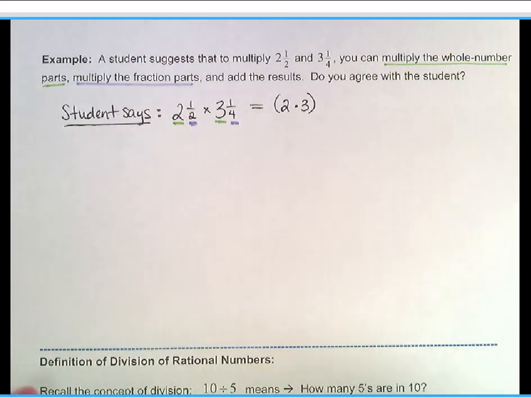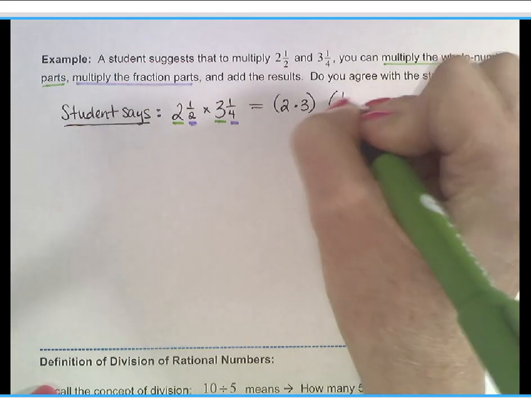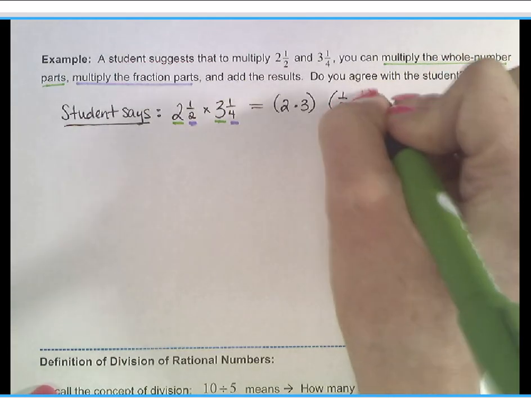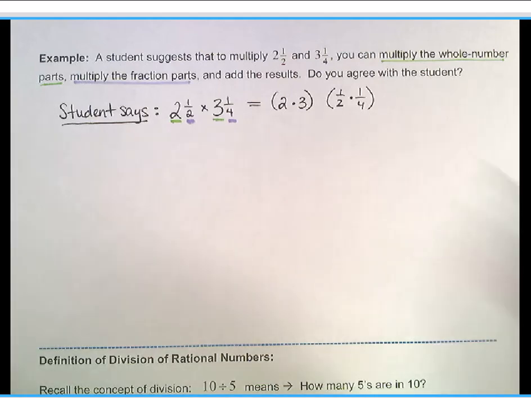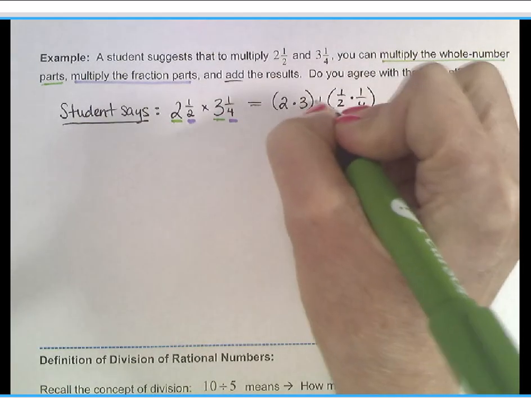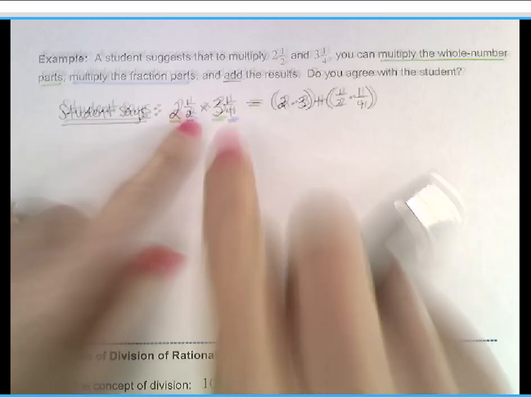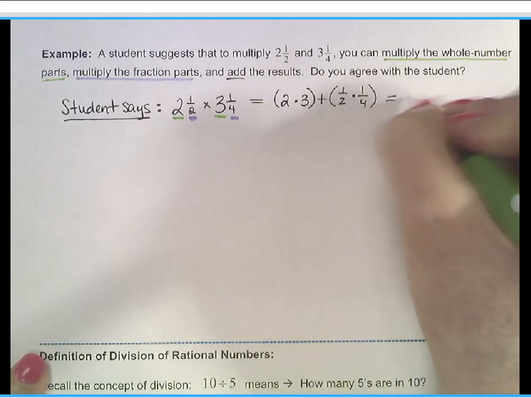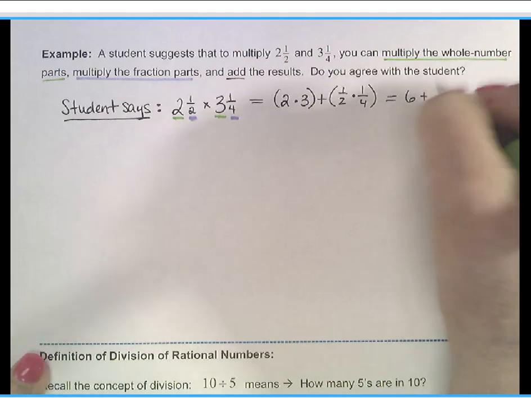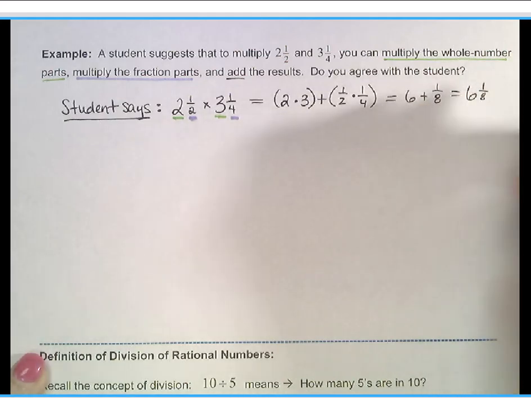They're saying we multiply 1/2 times 1/4, and add the results. I mean, it makes sense. It's kind of like trying to multiply the parts that look the same. So multiplying the whole numbers, multiplying the fractions, and then adding them together. So what they're saying is that this is 6 plus 1/8. They would be saying the answer is 6 1/8.